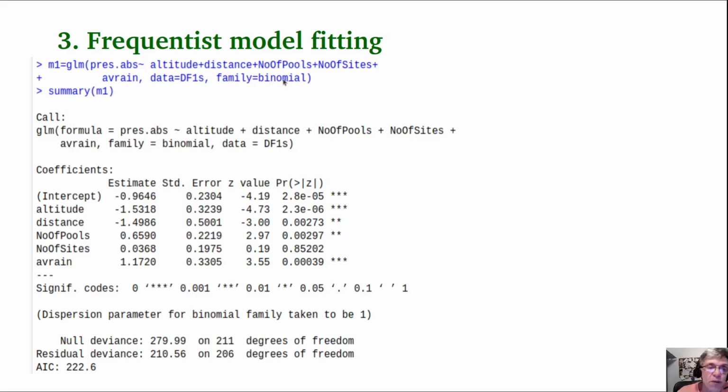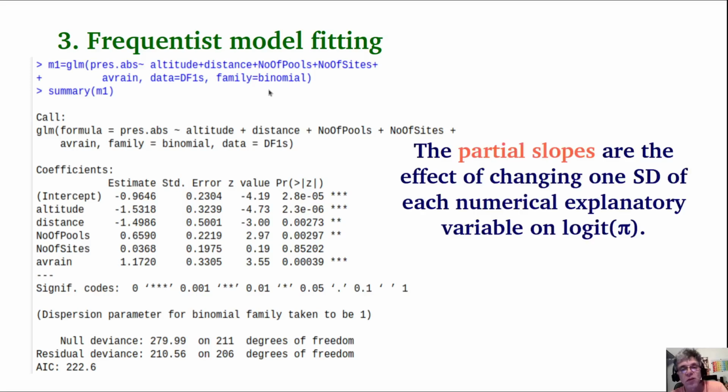This by default assumes a logit link function. So here are the parameters, the partial slopes. These are numerical explanatory variables, so they are the effect of changing one unit, which in this case involves one standard deviation of each explanatory variable, on the logit of pi.